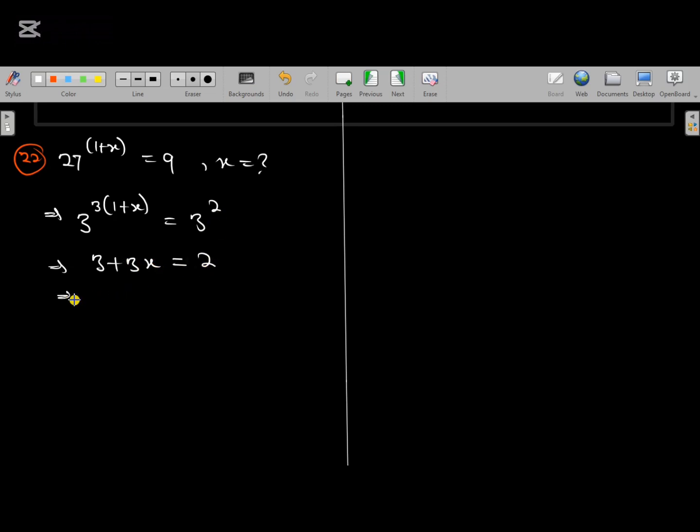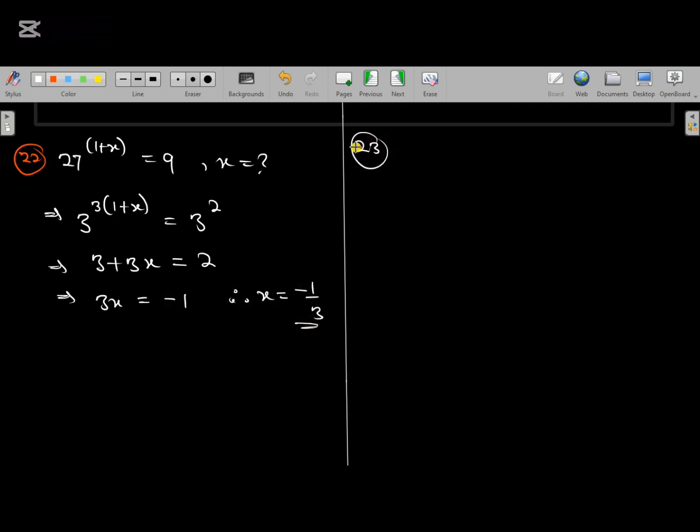Collecting like terms, the 3 coming over here will be minus 3, and that will give us minus 1. Therefore, dividing both sides by 3, we have that our x is minus 1 all over 3. Okay? And that's for 22.